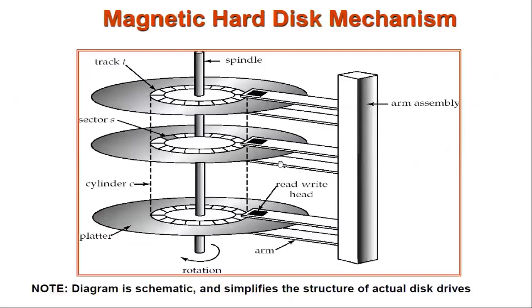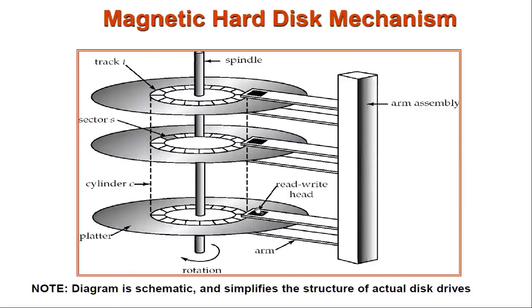And this is the cross-sectional view of your hard disk. This arm assembly is there, and then multiple disks are there. You can save the content on both sides, top and bottom, and you have the read-write head on both sides.